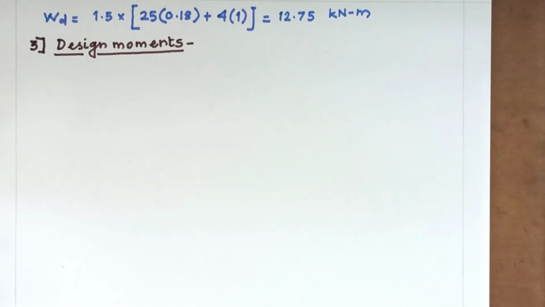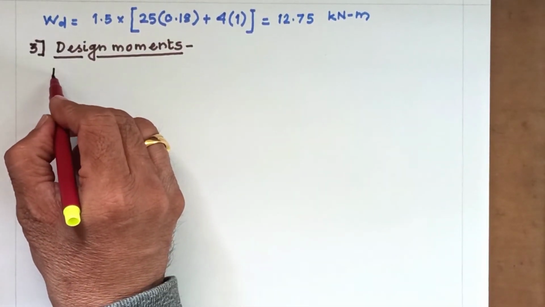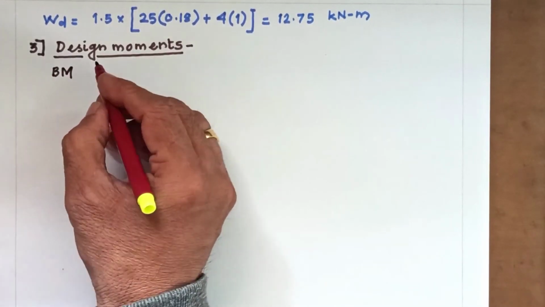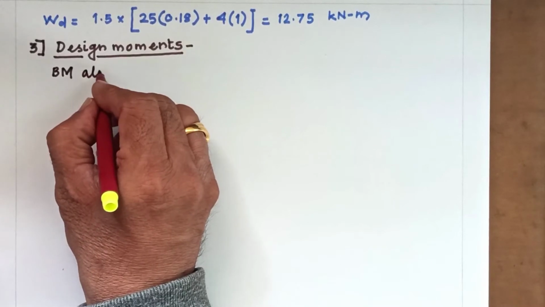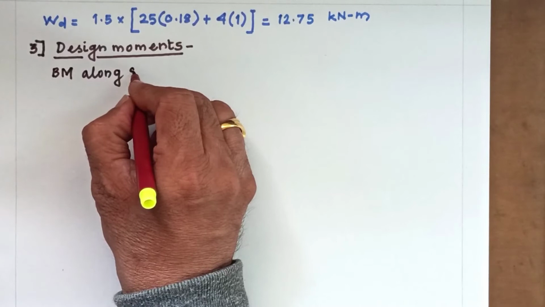So according to annexure D, we will calculate first BM along shorter span.